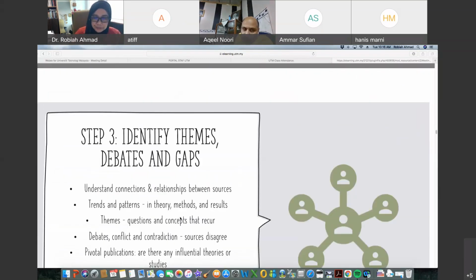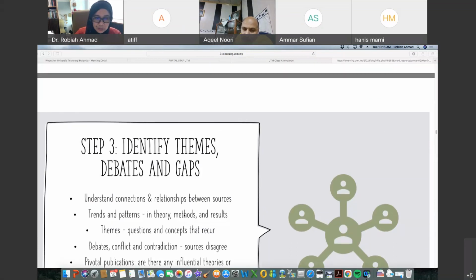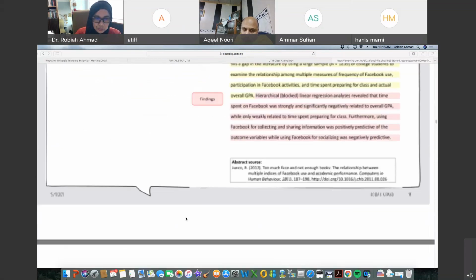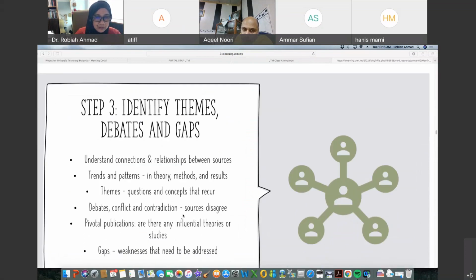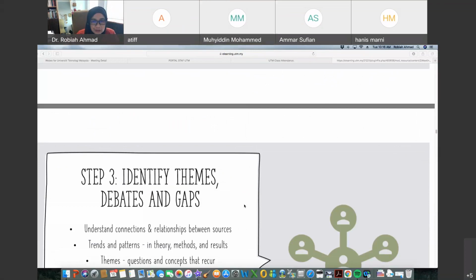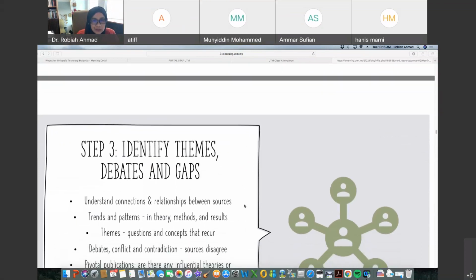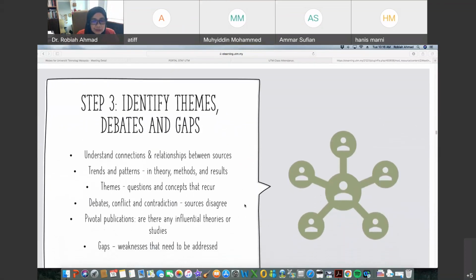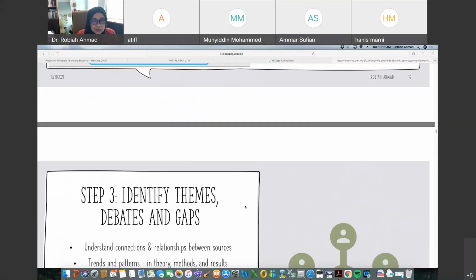Okay. Any questions so far for section 2? Okay, we move to yeah. Ya, Muhyiddin? Yes, saya Muhyiddin. Ada macam like your example for grid, the grid example.